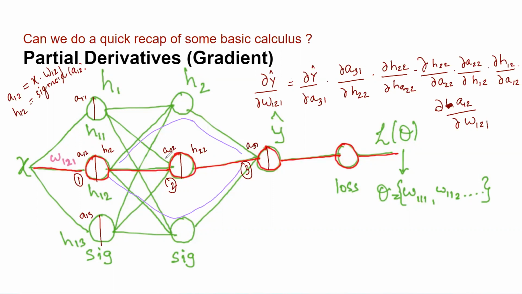Similarly, you have to write expressions for these two routes also. Here, the A22 we have written will get replaced with A21, and this will be H21. In the other case, A22 will get replaced with A23, and H23.